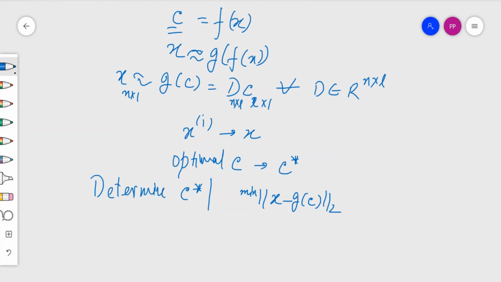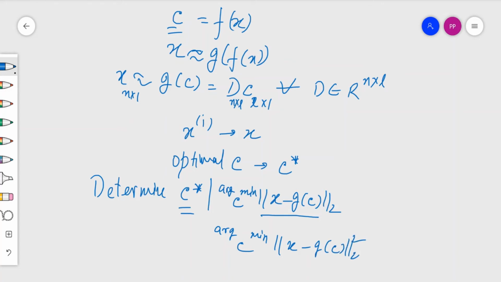I write min over the argument c. This L2 norm will give the optimal value of c. It will be the same optimal c when the L2 norm is squared, just to get rid of the square root term, so we can say that this is the same as the L2 norm squared.